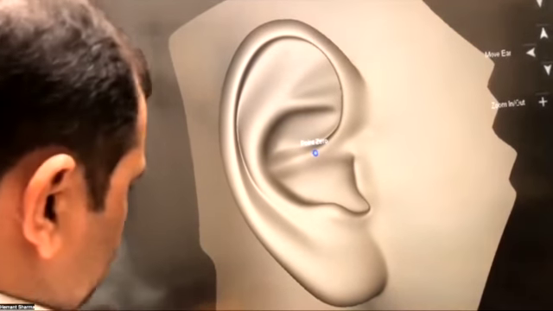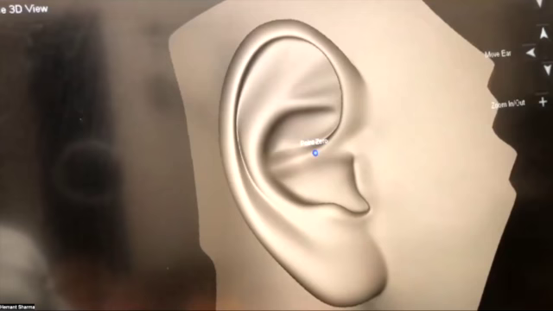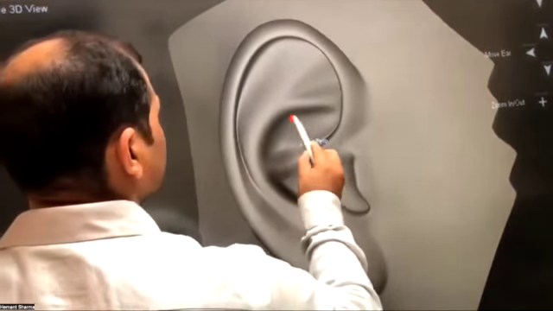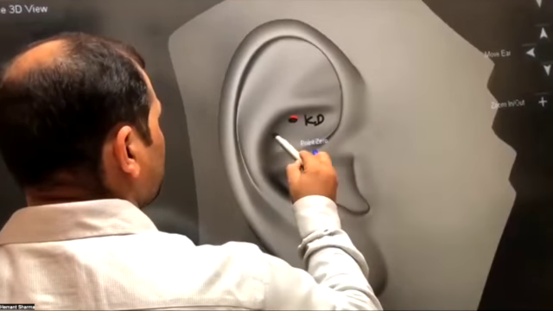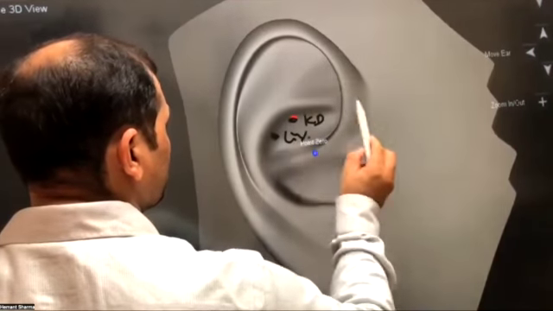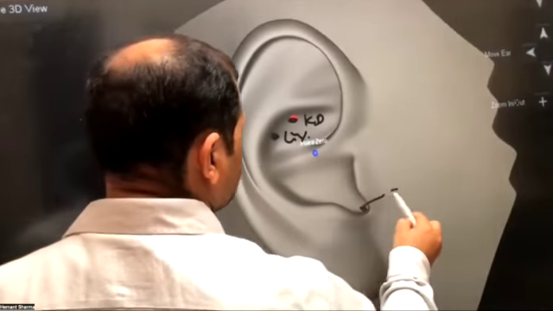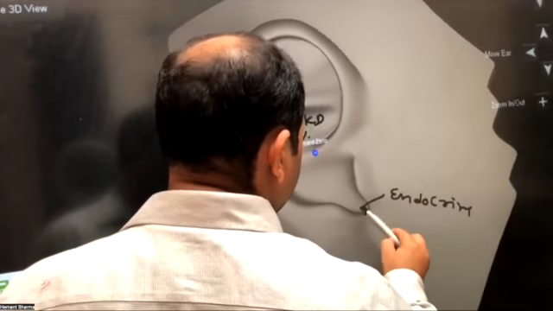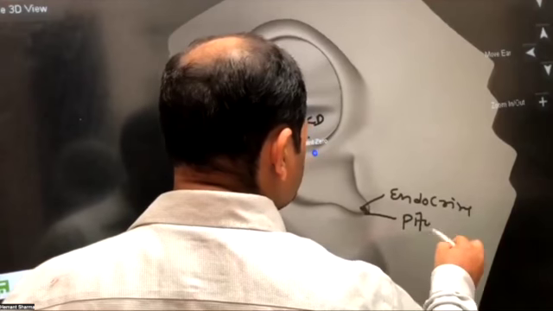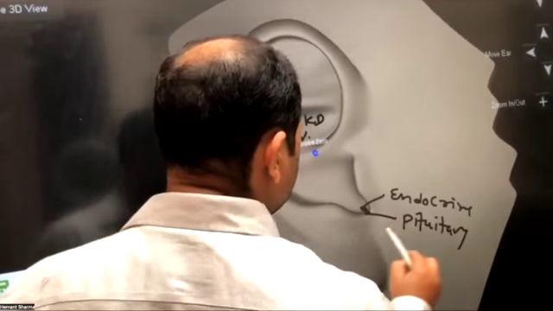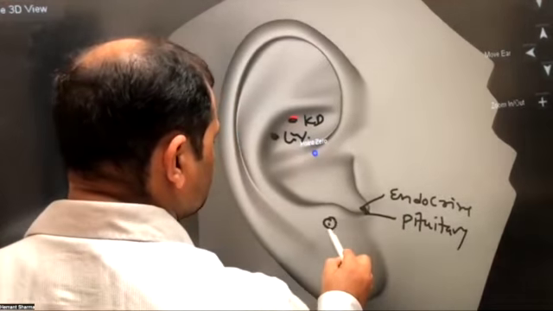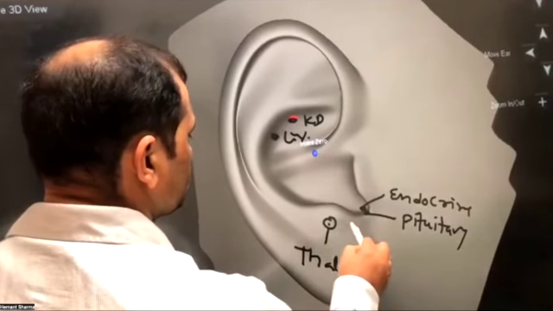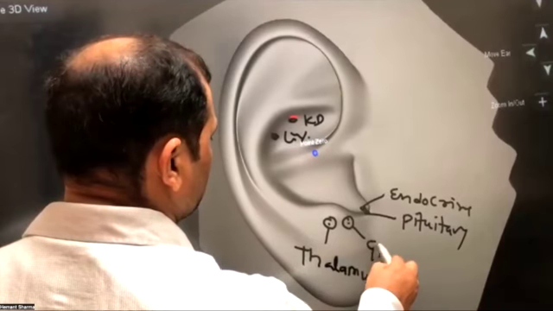So our 8 points will remain the same. हमारे 8 point तो वही रहेंगे. In the 8 points, we have kidney, liver, endocrine, pituitary, thalamus on the hidden side, and GTH or the gonadotropin hormone.